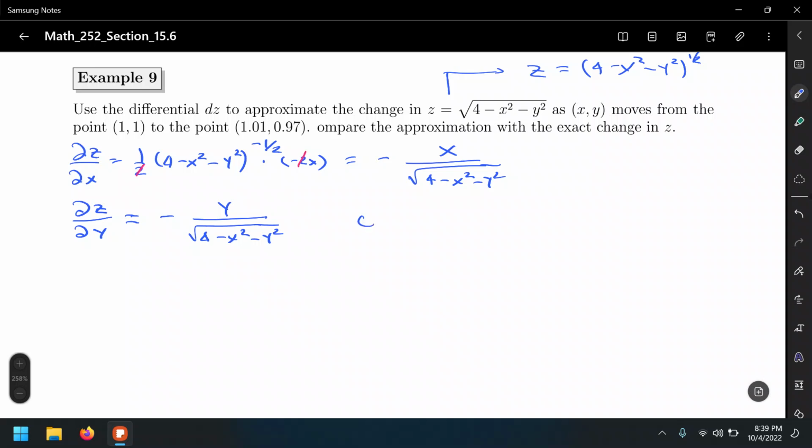So the differential dz will be the partial derivative of z with respect to x times dx plus the partial derivative of z with respect to y times dy.